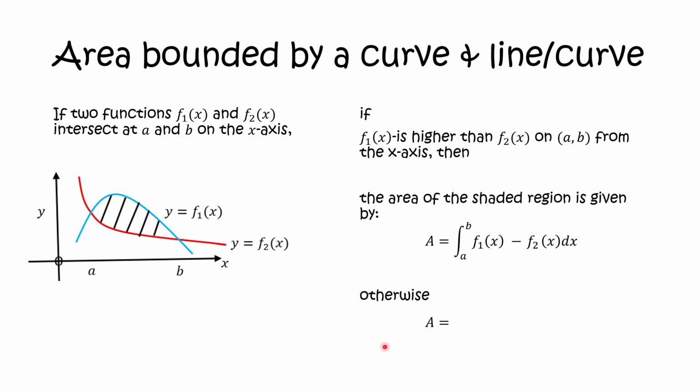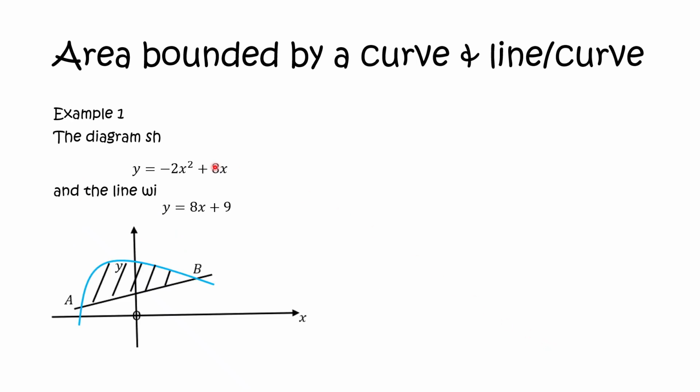Otherwise, we would have the area being given by the integral from a to b of f2 of x minus f1 of x. Why? Because the graph of f2 of x will be higher than the graph of f1 of x. Great. Let's take a look at an example.